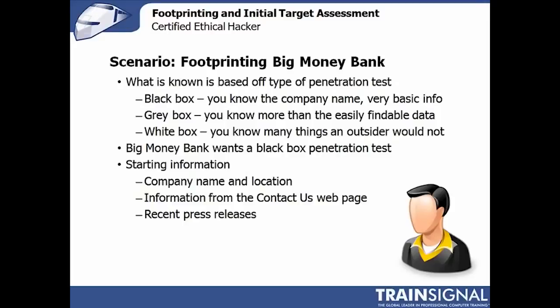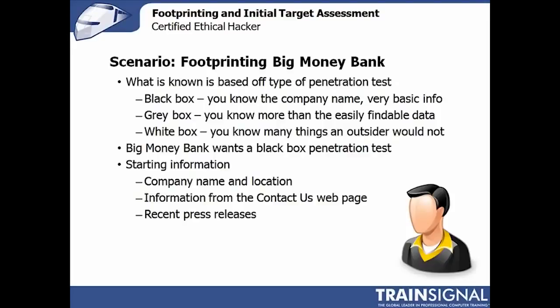For example, the company name, the location, the website URL, a few recent press releases that are publicly available, some information perhaps from the Contact Us webpage, so webmaster at, basic phone numbers, a couple of branch listings, and so forth. Nothing really deep, nothing that would be impossible for an attacker to get with even a cursory glance.